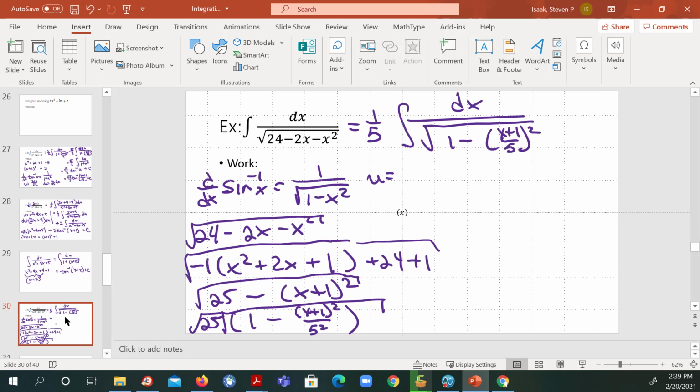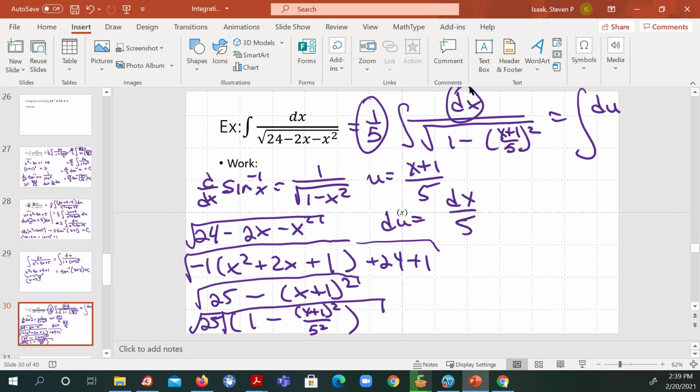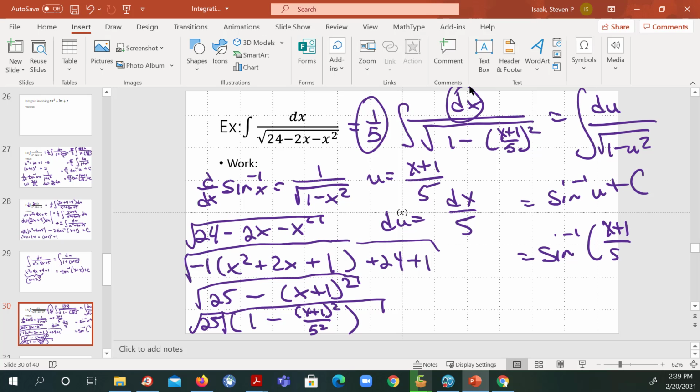So if u is x plus 1 over 5, du is dx over 5, which is right there. So this is du all over the square root of 1 minus u squared. So this is arcsine of u plus constant. But what was u? u, my friends, was x plus 1 over 5.